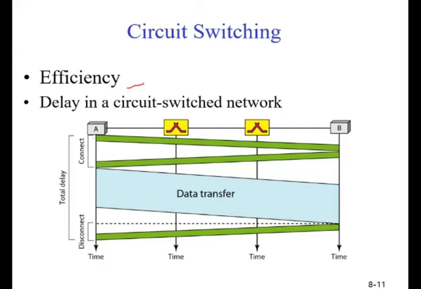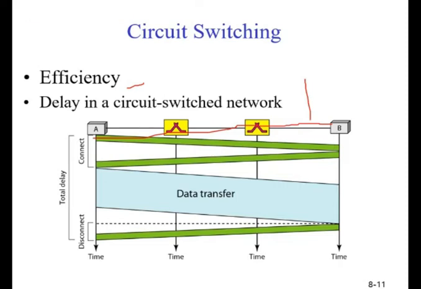So we are using a dedicated link which may or may not be utilized. It depends. The resources are unavailable to other connections while they are connected. Any other connection cannot be made between the two.